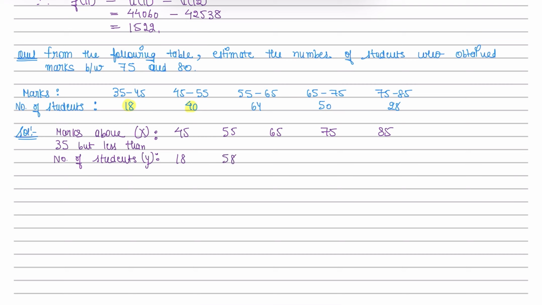Similarly, less than 65 will be 122, 172 and 200.